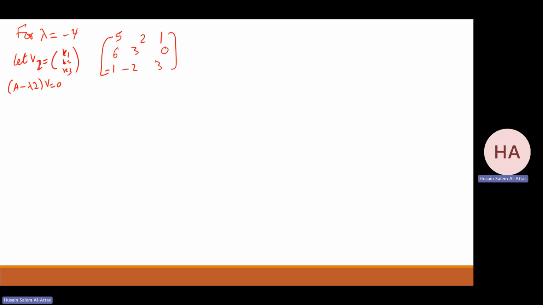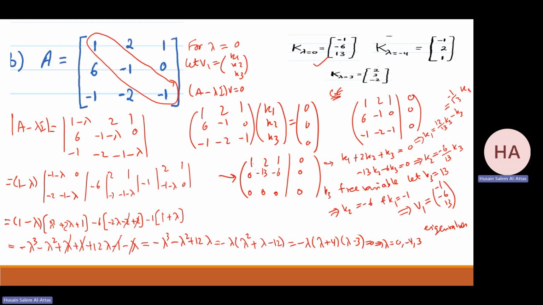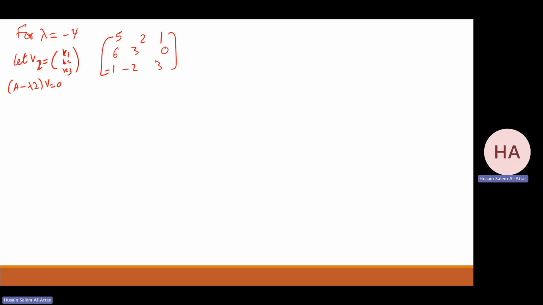Then I have minus 1 minus 4. That is 3. Minus 1 minus that will be 3. Yeah, that will be the correct one, times K1, K2, K3 equals 0, 0, 0. So I'll do Gaussian elimination. Very clear, I will make the third one the first one.